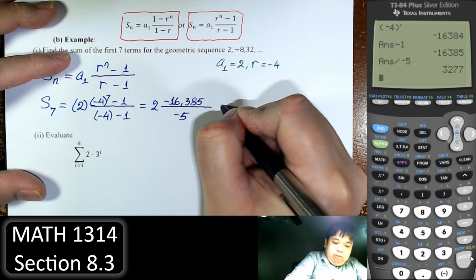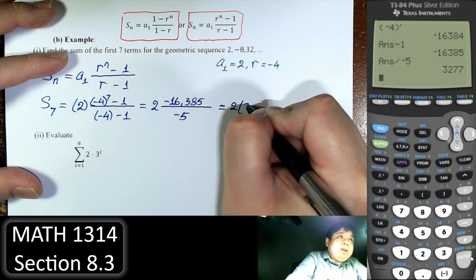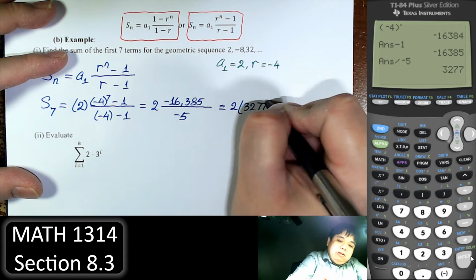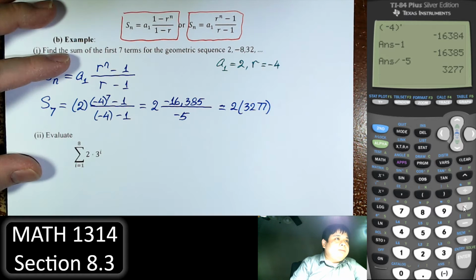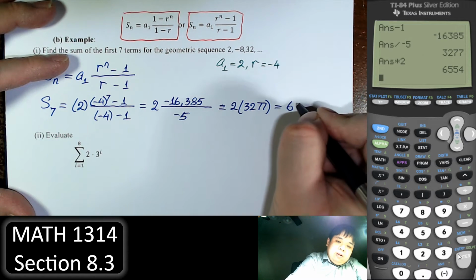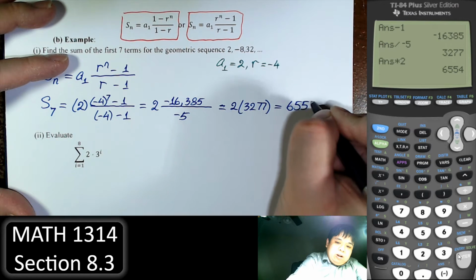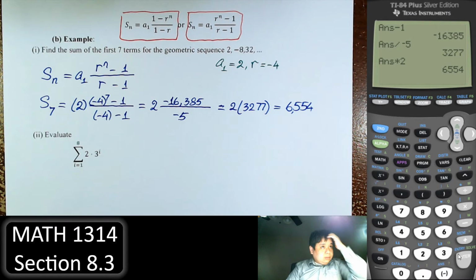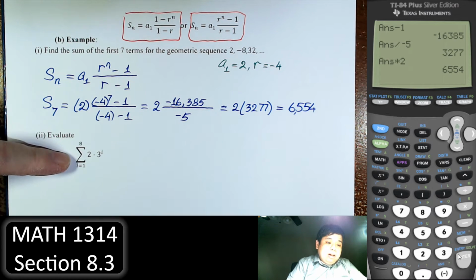So we have 2 times 3277, which is 6554. Right. Simple enough.